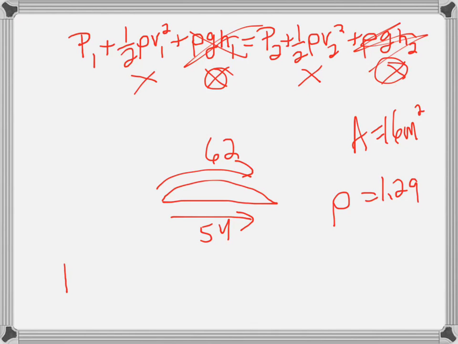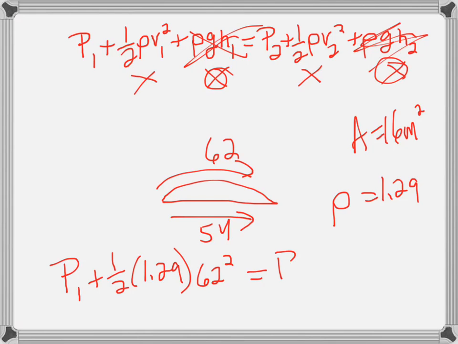We're going to do P1 plus 1/2 density, which is 1.29, times 62 squared. We'll talk about the pressure on the top of the wing first, and then that should equal P2 plus 1/2 1.29 times 54 squared.